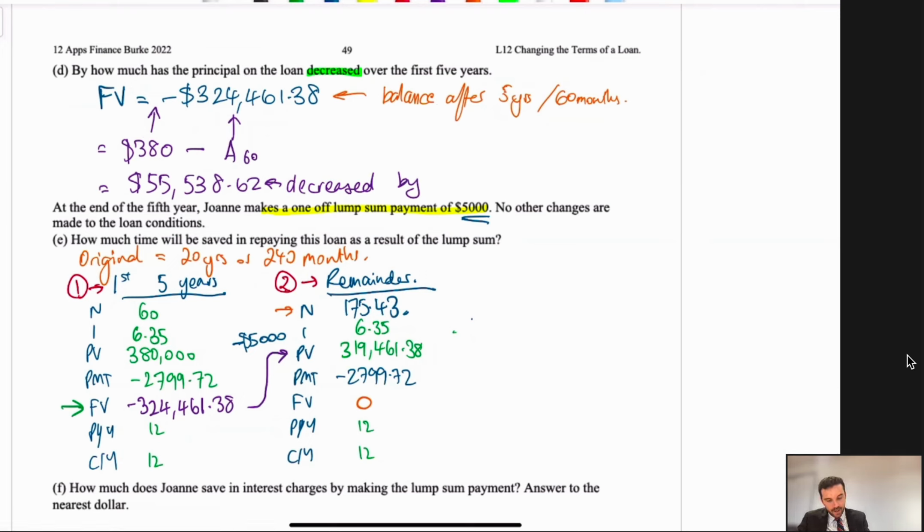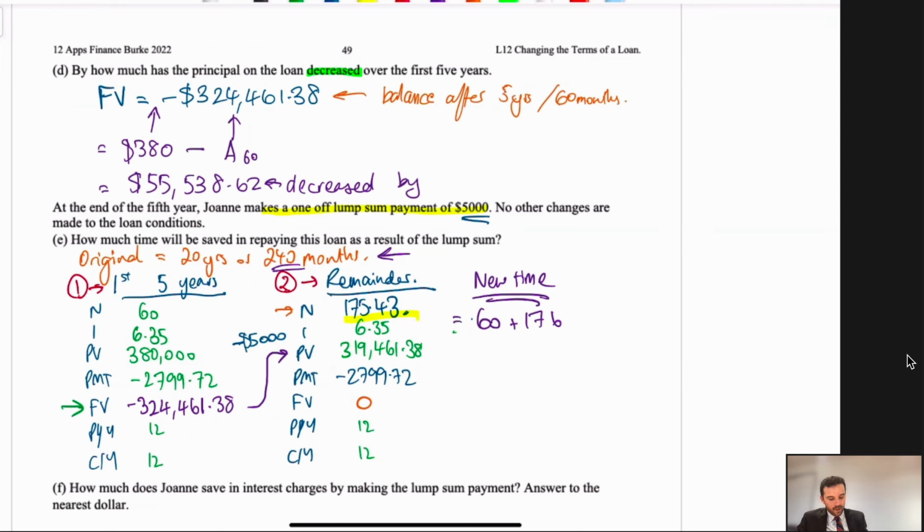Well, we can see that originally it was paid in 240 months, whereas the new time, based on this lump sum of $5,000, is going to be 60 plus 176. Remember to round this up, because it will take 176 months to finish the remainder of this loan.